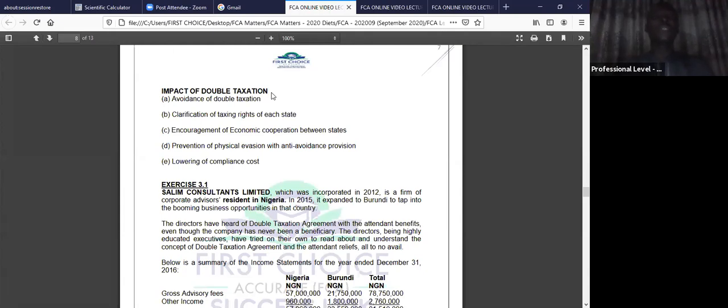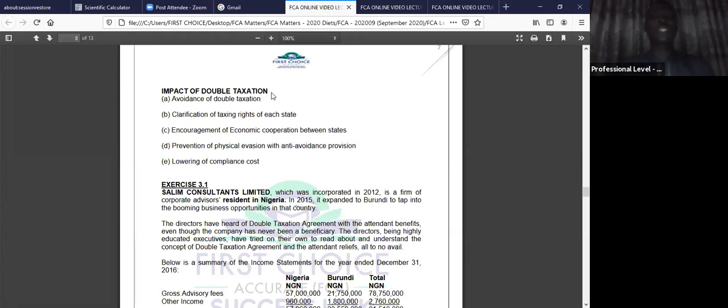Okay, so there is something that they call automatic exchange of information. This automatic exchange of information is where two or more countries come together to cooperate to provide economic information about companies in their states. Nigeria has joined that starting from this September. Every September of every year, there will be this automatic exchange.